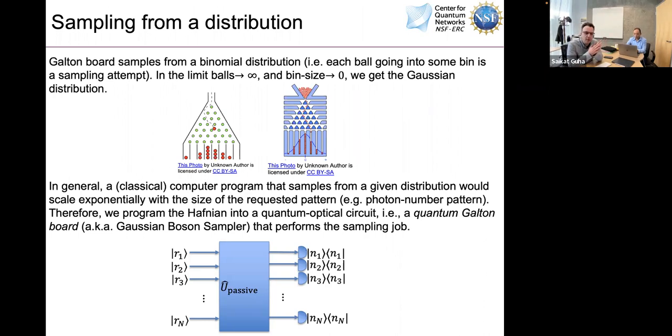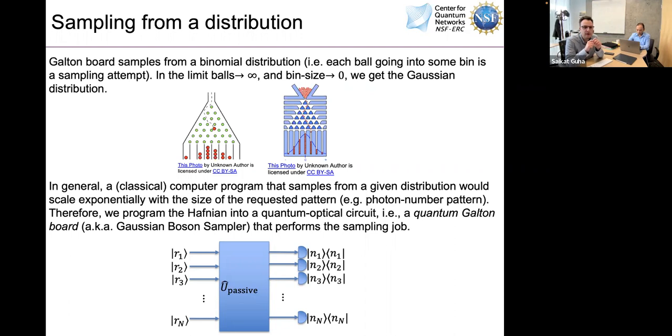Well, one question is, why do all of these things? I guess that all of us are familiar with the Galton board. In general, what does it do? You throw a little ball, and the ball ending up in a specific bin is what we call sampling. So you sample from a specific distribution.